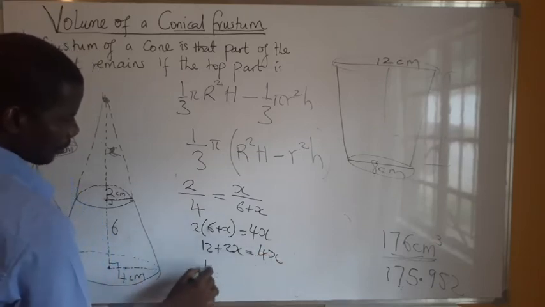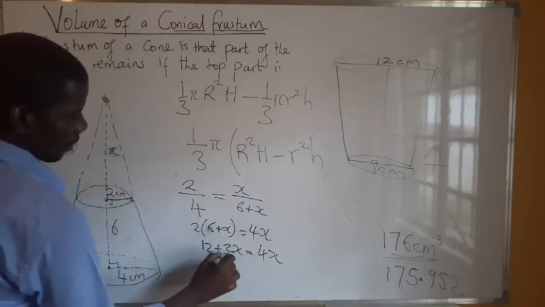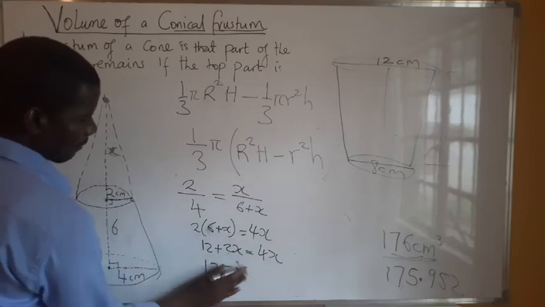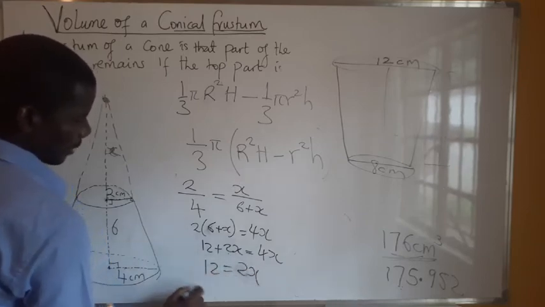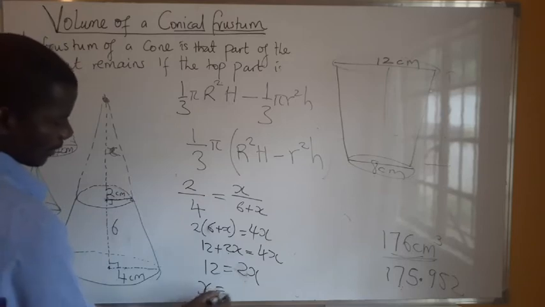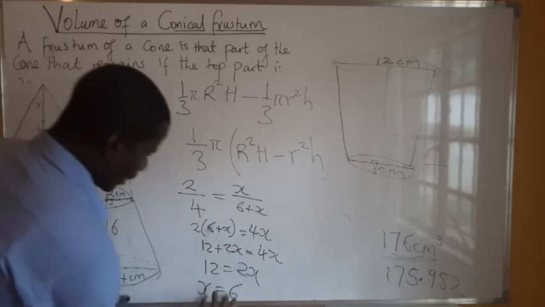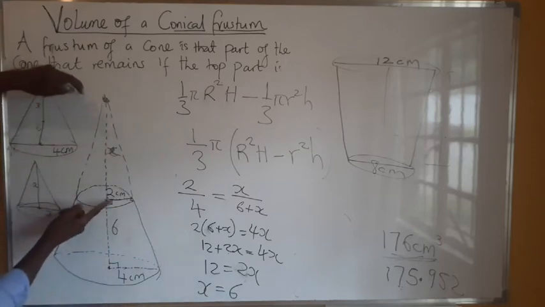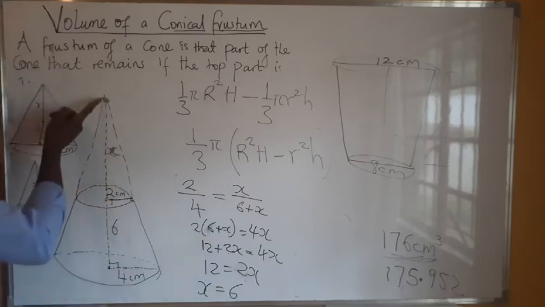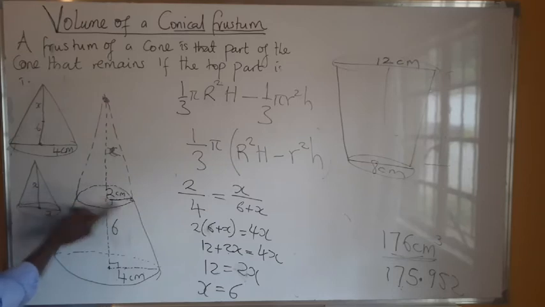So we have 12 is equal to, this one goes to the other side, 2x. Then x is equal to 6. So again, coincidentally, we are told from this point here up to the last part, we have 6.